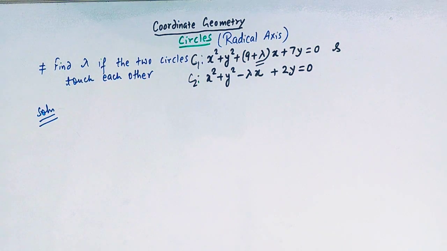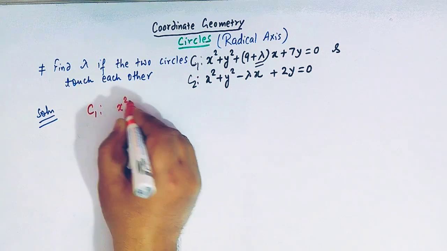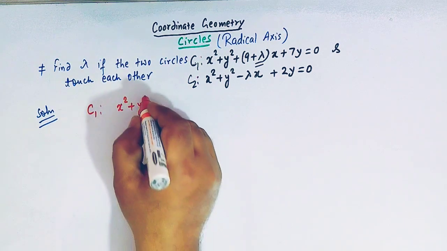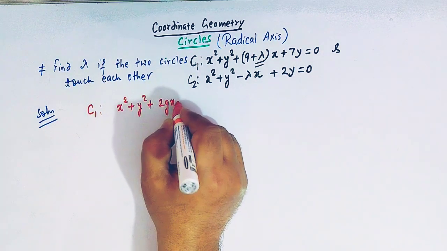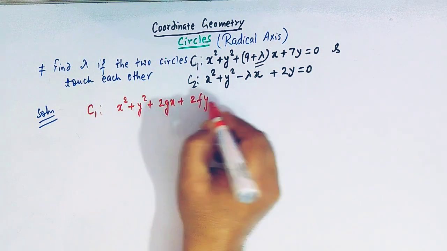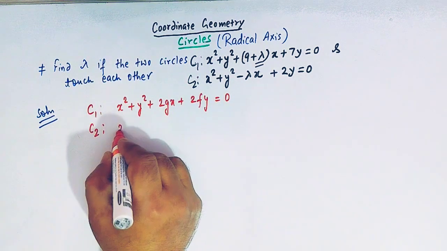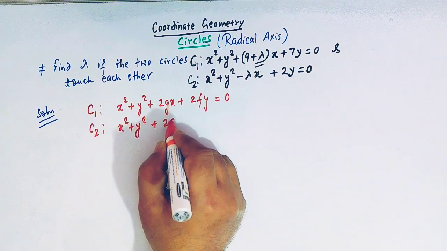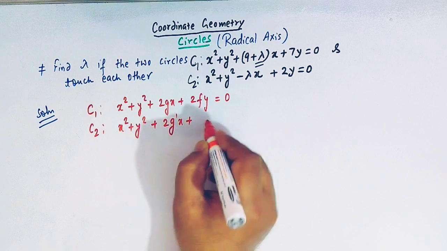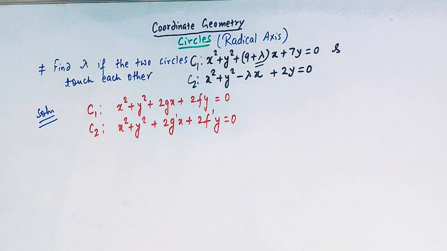So let us first see the general case, right? Suppose we are given two circles. The equations are, suppose the circle C1 has the equation x square plus y square plus 2gx plus 2fy is equal to 0, and the second circle has the equation x square plus y square plus 2g prime x plus 2f prime y is equal to 0, right?